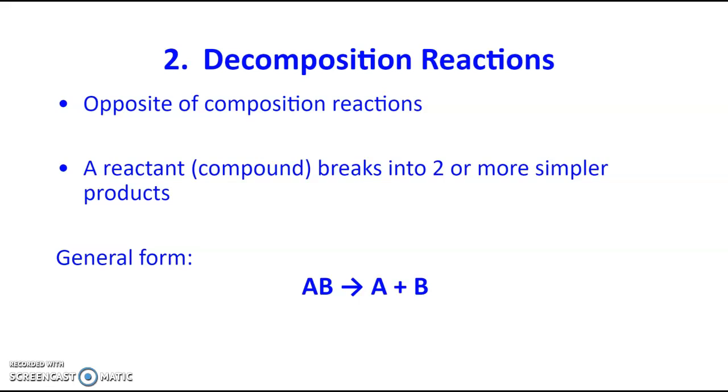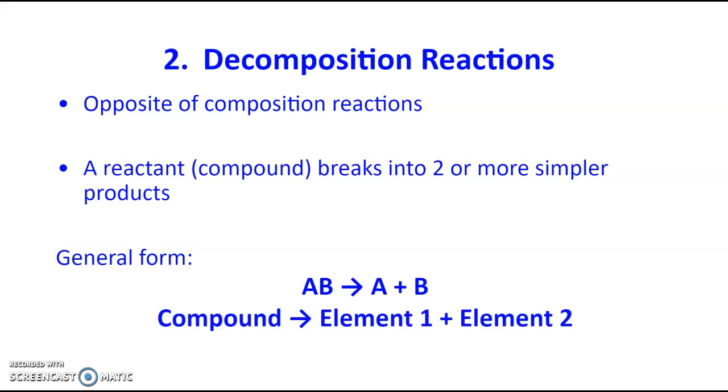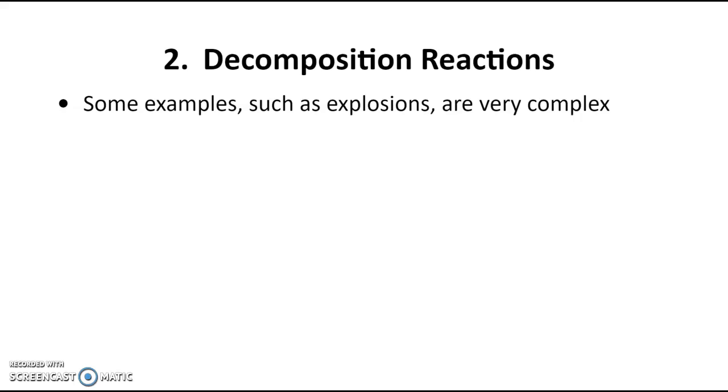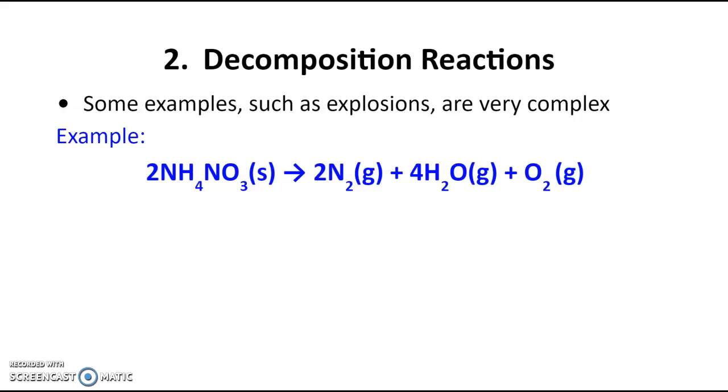And so that looks like this. So you have compound AB, and it breaks apart into element A and element B. So compound, element 1, and element 2. Some examples include explosions, and they can be really complex. So for example, ammonium nitrate, which is like fertilizer, right? That's a solid.